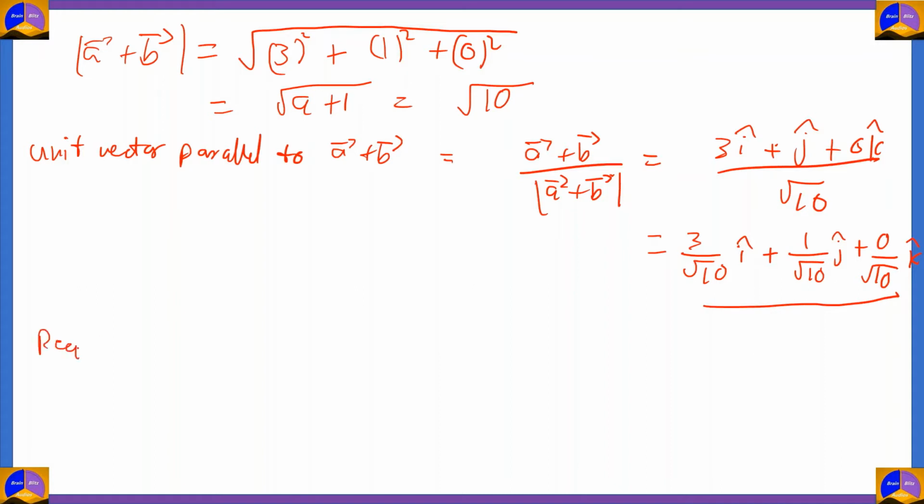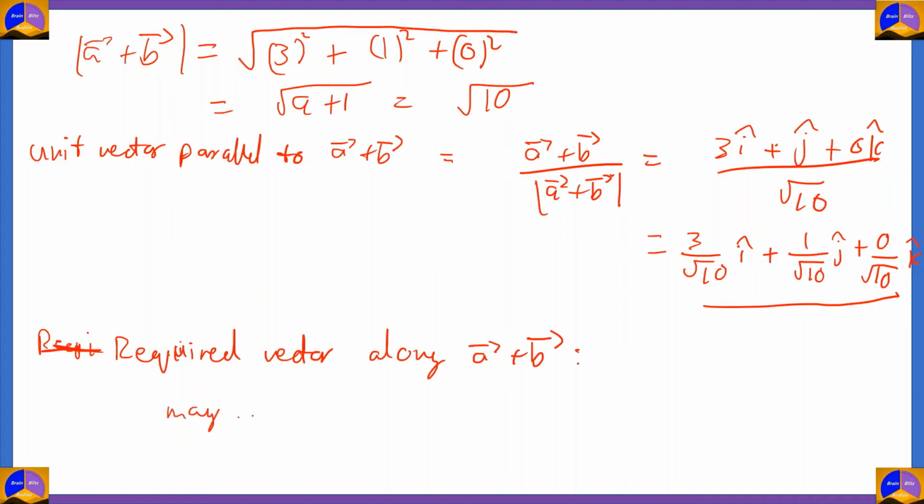Now, our required vector, which is parallel to a bar plus b bar, is magnitude times unit vector. So that's how you represent a vector.